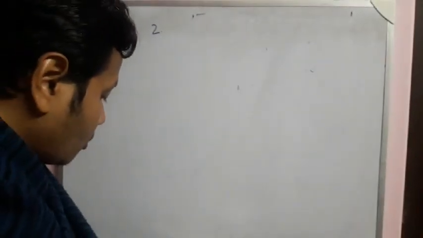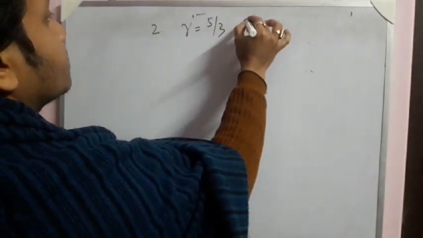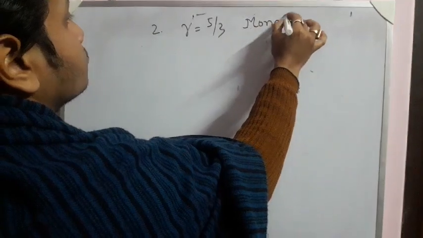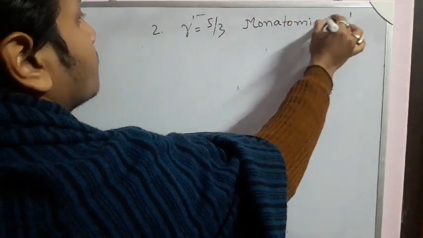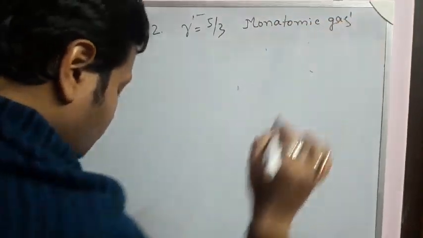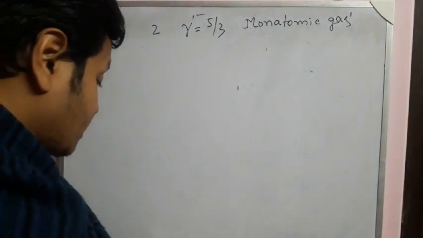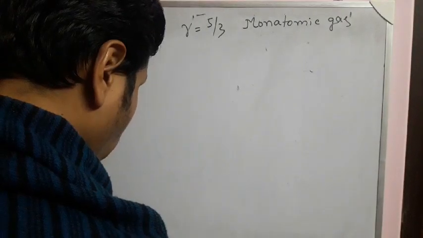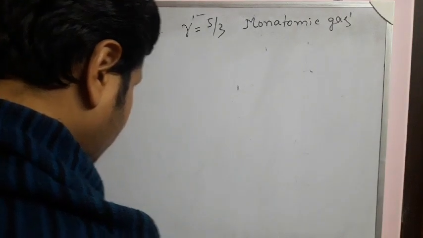Now the second numerical is that 1 mole of monatomic gas. Monatomic gas means gamma is 5/3. At 27 degrees it is adiabatically compressed in a reversible process from an initial pressure of 1 atm to a final pressure of 50 atm.